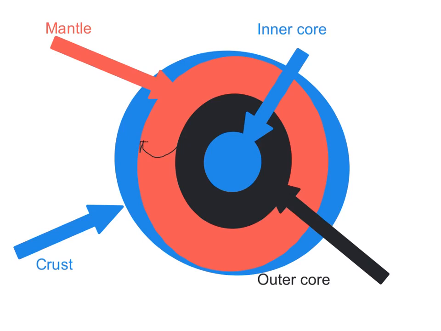But as it touches the cooler crust, it becomes colder, denser, and sinks to the bottom. So you get convection currents rotating the mantle. So what happens to the crust while the mantle is going through these convection currents?